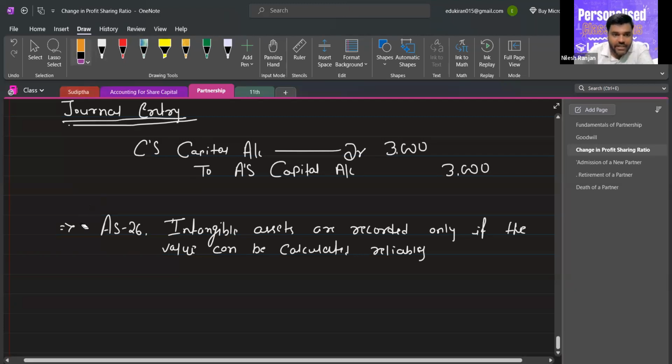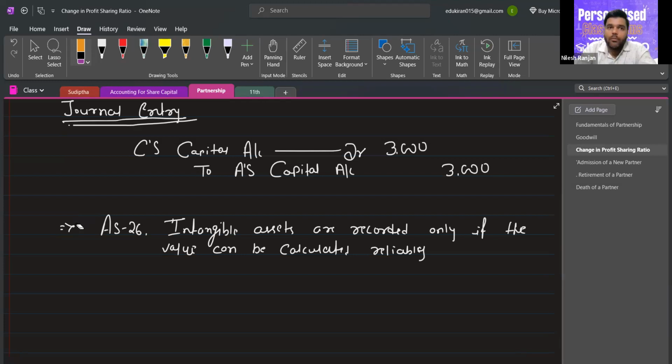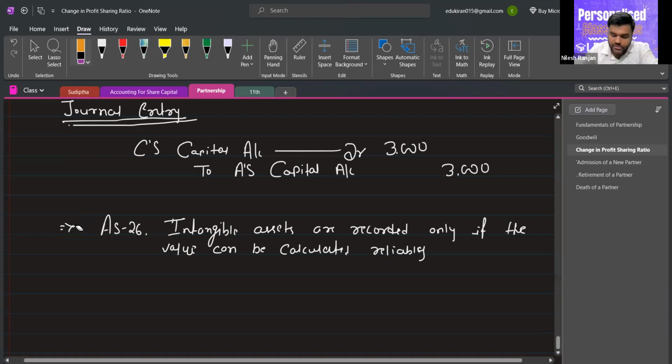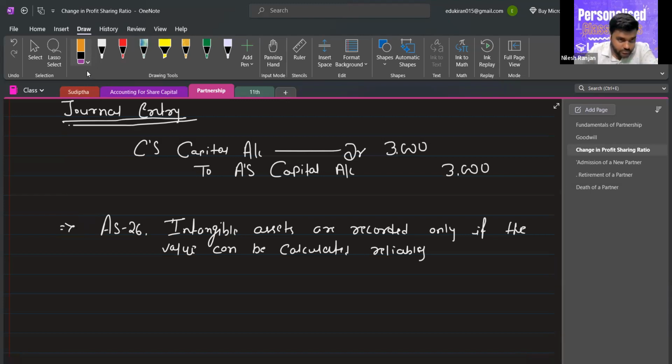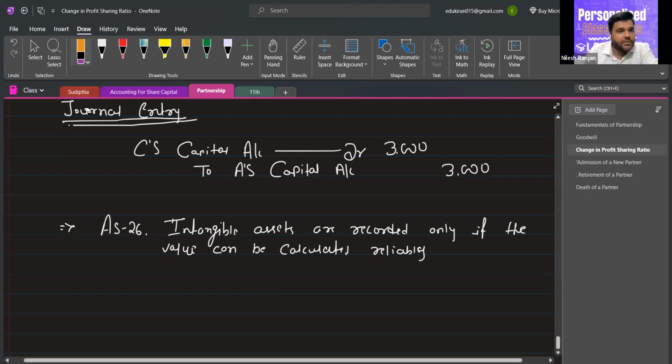Yes, that's why we don't record self-generated goodwill, because we have not paid any amount for it. Okay, so any asset is recorded only when some amount is paid for it and we know the value. But in case of goodwill, we cannot say with certainty that the value is this. Okay, that's why we don't record the value of self-generated goodwill.